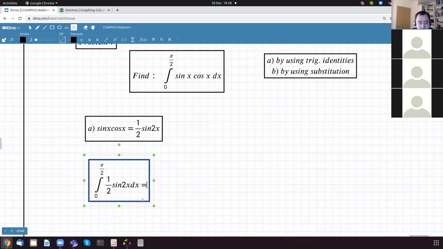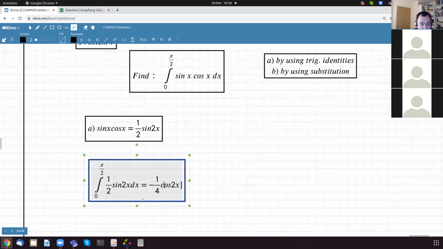So it's going to be minus a quarter cos 2x between limits 0 and pi over 2.